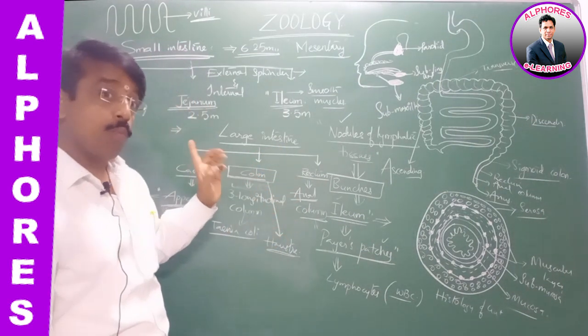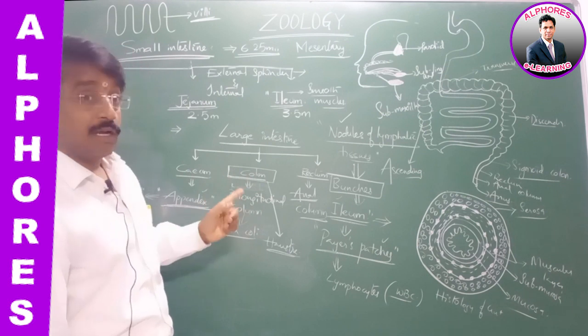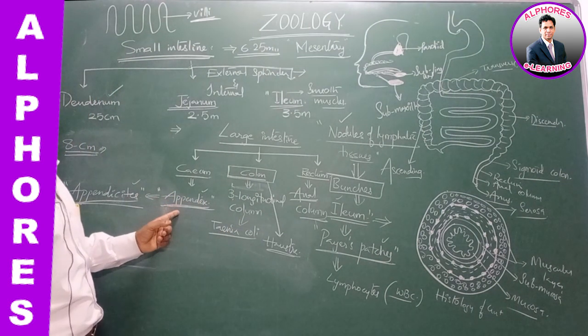Those are the oral tonsils, whereas the abdominal tonsil is called the appendix.